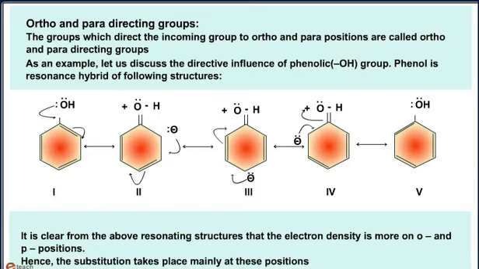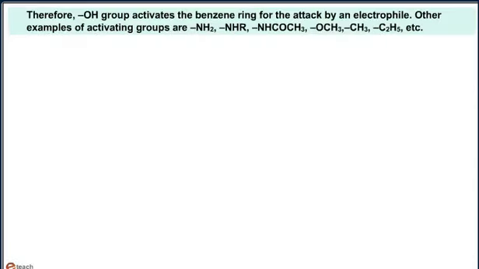Hence, the substitution takes place mainly at these positions. Therefore, OH group activates a benzene ring for the attack by an electrophile. Other examples of activating groups are NH2 group, NHR group, NHCOCH3 group, OCH3 group, CH3 group, and C2H5 group.